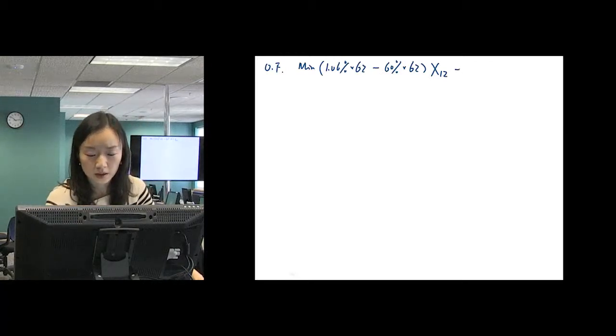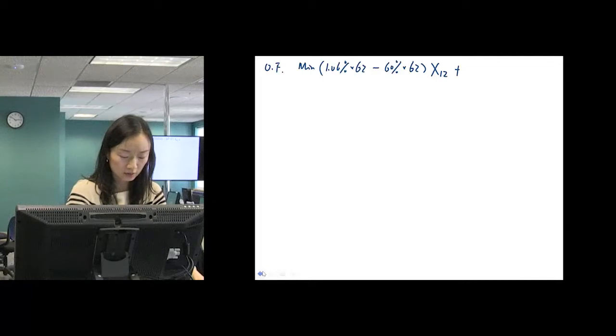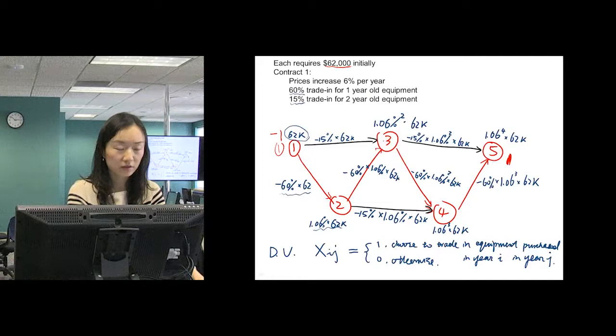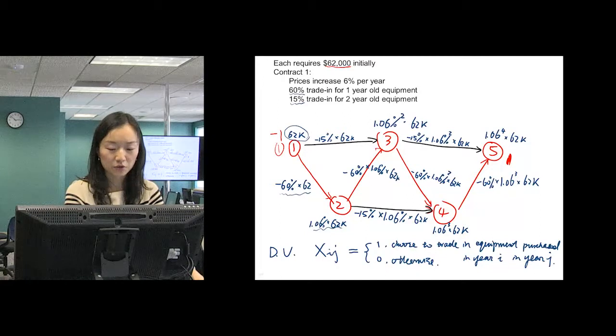Plus then we look at x13. For x13, what's the cost? This value here, subtract this value, right? When you go through this arc to node 3, the cost that is going to occur will be this equipment purchasing cost, subtract the credit you get.